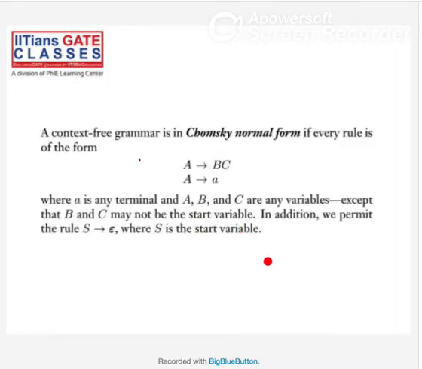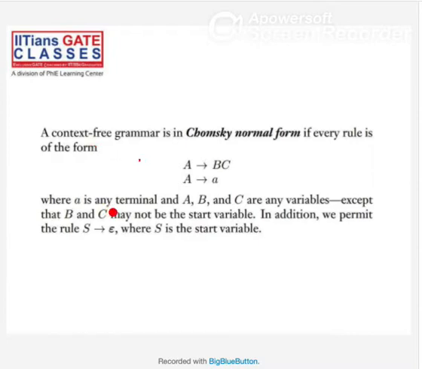Now every grammar can be converted into Chomsky normal form. When you convert a grammar into Chomsky normal form, the first thing you need to do is simplify it. Before you convert your grammar into CNF, you need to remove null productions, remove unit productions, and remove useless symbols.